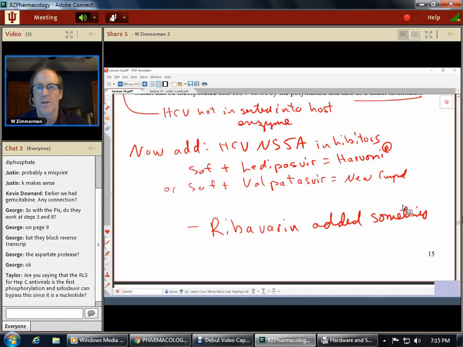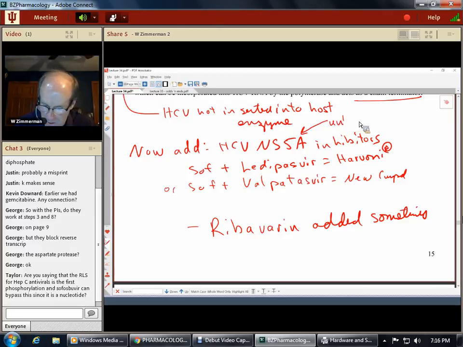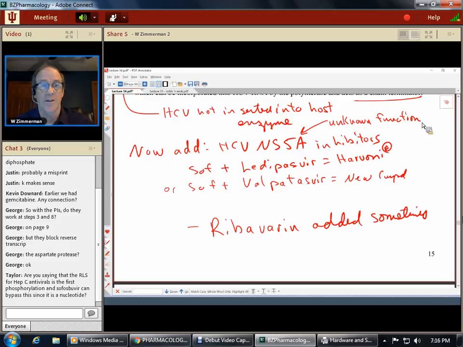A note on this NS5A, we don't know what that does. This has an unknown function. It's like, then why did somebody think to inhibit it? So we don't know what it does. We gave it a name, and then we found a drug that inhibits it, and wow, it seems to work better than using a protease inhibitor with a sofosbuvir.